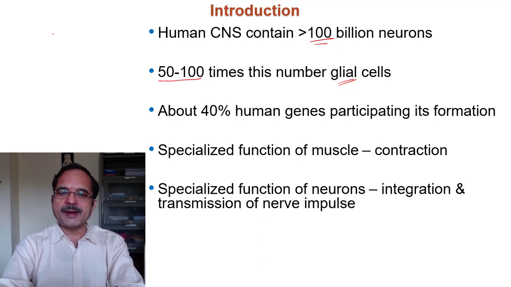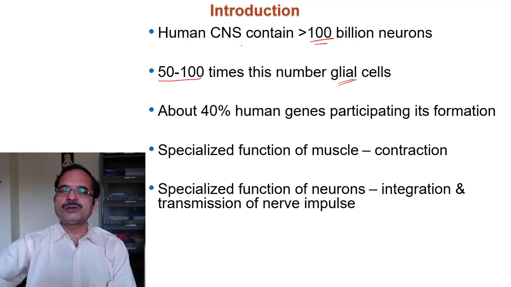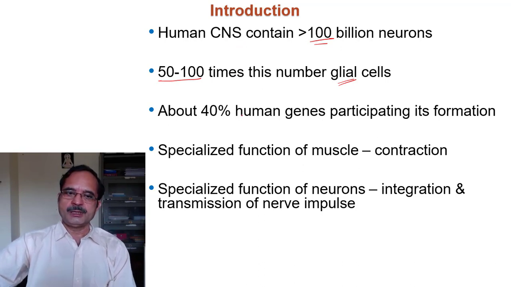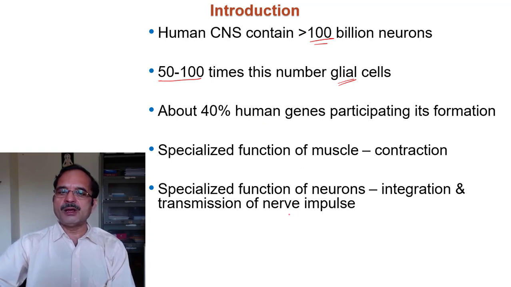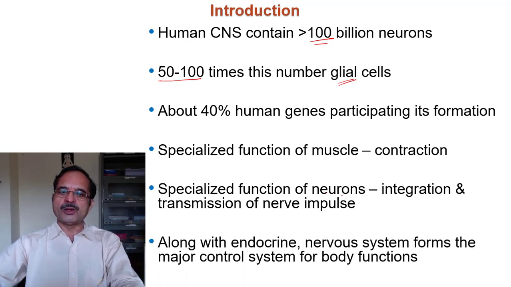When they are depolarized, an action potential in the range of 25 millivolt is generated, and then it is transmitted from one cell to the other cell. In the case of the nervous system, those are neurons. So the special function of neurons is integration and transmission of nerve impulse, that means integrating the signal and transmitting it from one neuron to the other neuron.